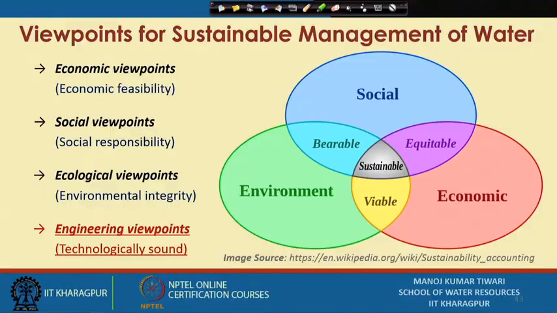They do give due importance to society, the environmental perspective, financial and economic perspective, but they often ignore the engineering viewpoint, which is very important in sustainable management of services, in particular the water utilities. So, that is another very important viewpoint, your engineering or technological viewpoint.